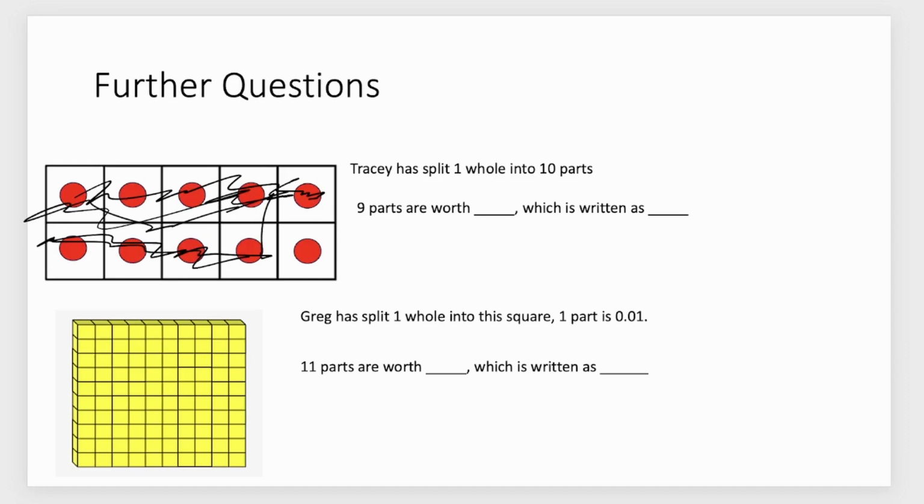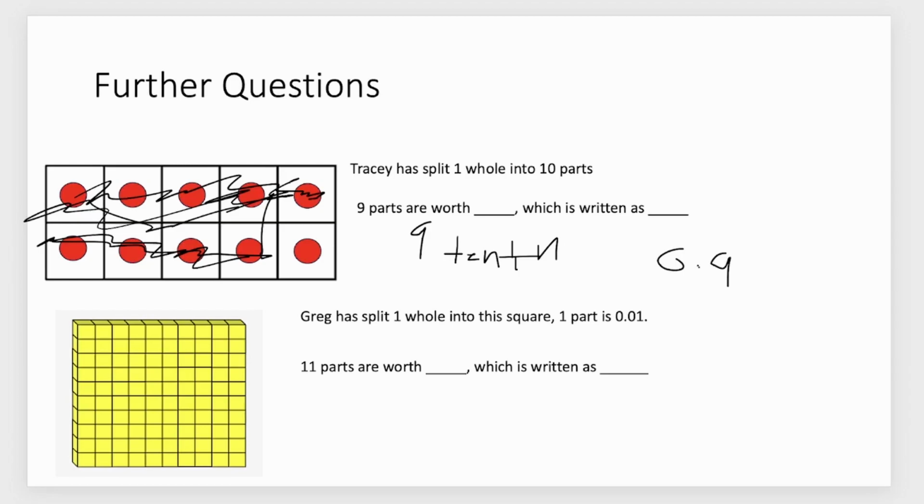So we know that altogether these 10 parts are one whole, but 9 parts are worth what? So it would be 9 tenths, which is written as 0.9.